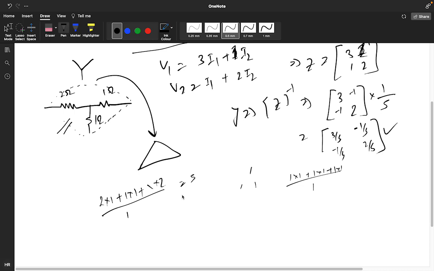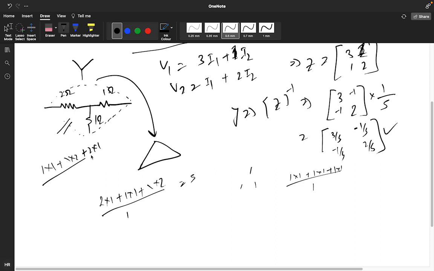And if you solve from here: 1 into 1 plus 1 into 2 plus 2 into 1, divided by 2. 1 into 1 is 1, 1 into 2 is 2, plus 2 into 1 is 2, so 1 plus 2 plus 2 is 5. 5 by 2 you will get, right?